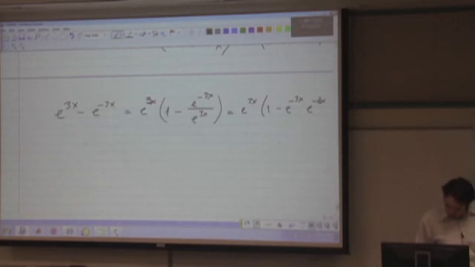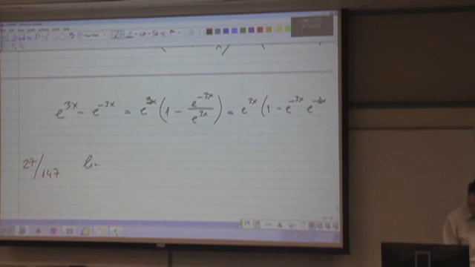27 is a good one. The limit as x goes to 2 plus of e to the 3 over 2 minus x.